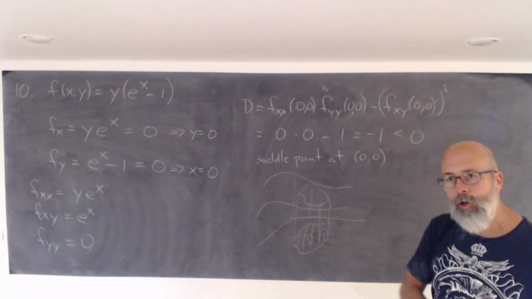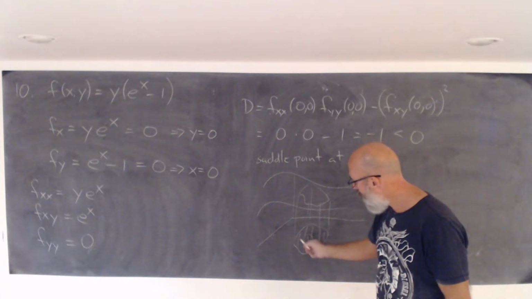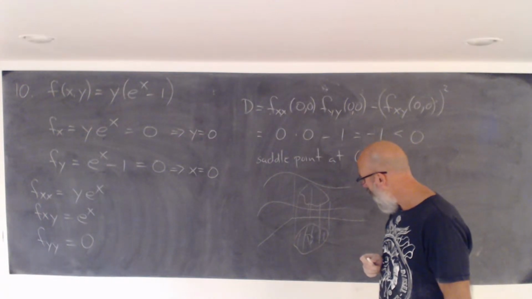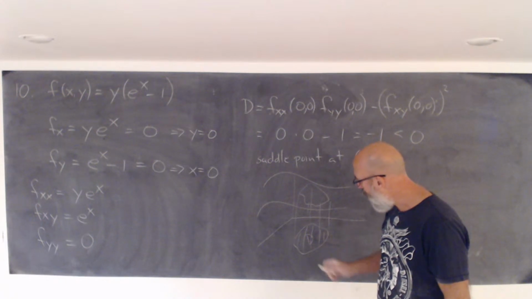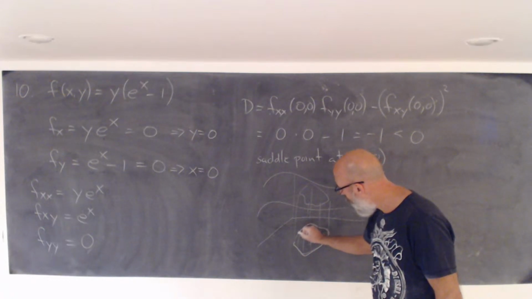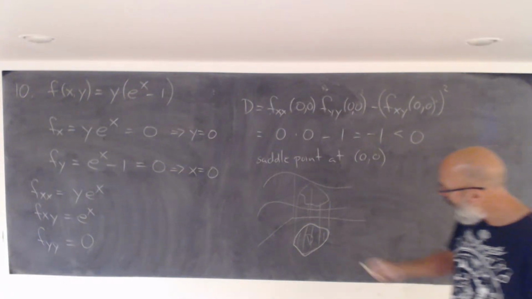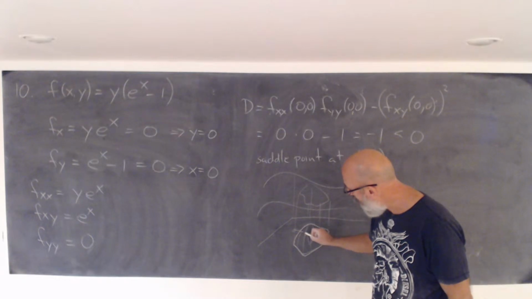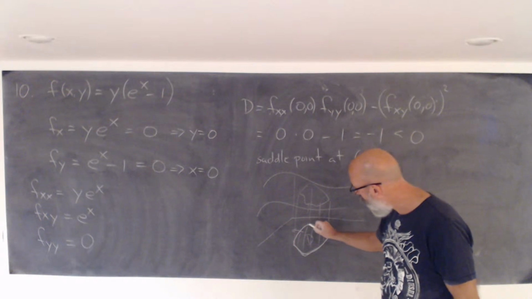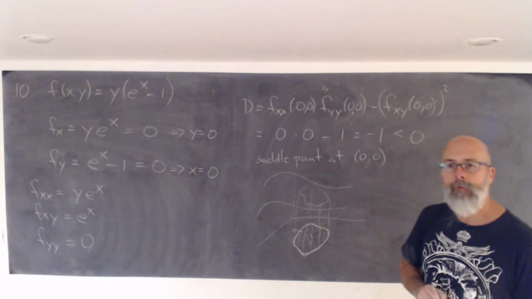And these can only occur at critical points inside the domain or, analogous to the endpoints of the interval, the boundary of the domain. The boundary of the domain is what you have to cross to get from inside the domain to out. So the max and min can occur at critical points inside or on the boundary.